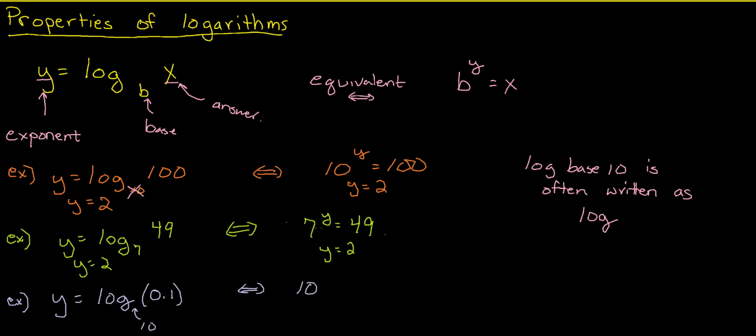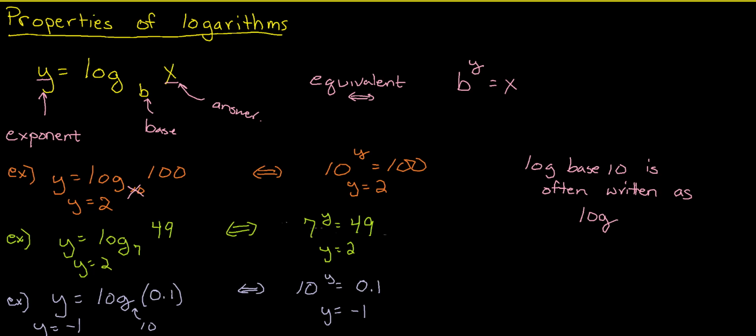So that's 10 to some power equals 0.1 or 1/10. If you go back to think about negative exponents, you'll see my exponent here needed to be a -1. So the answer here is y equals -1.